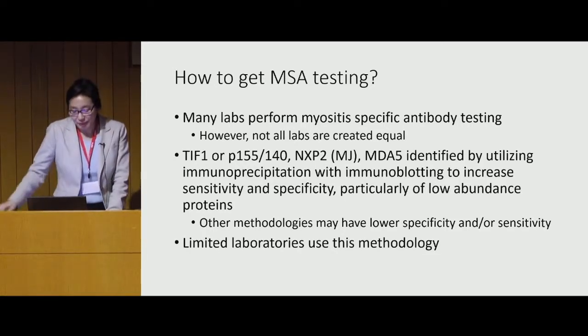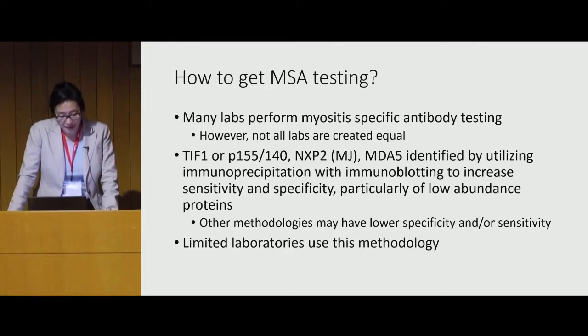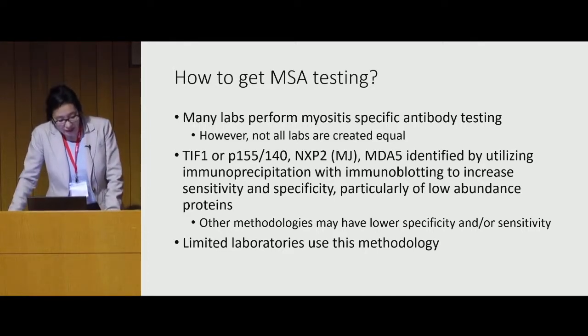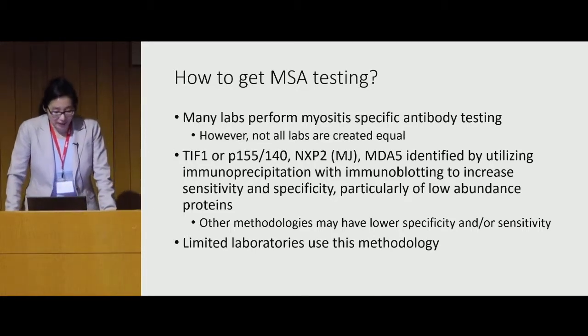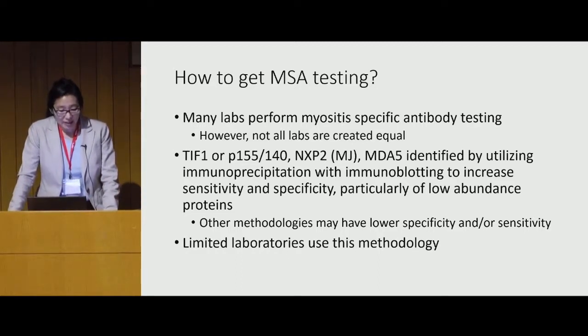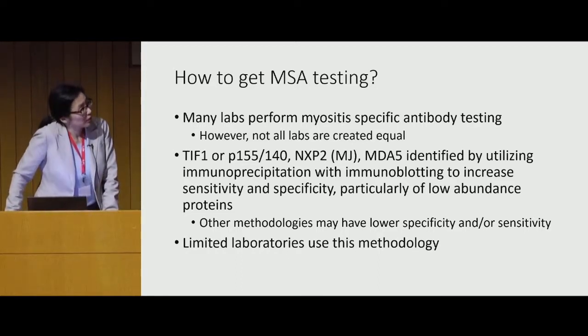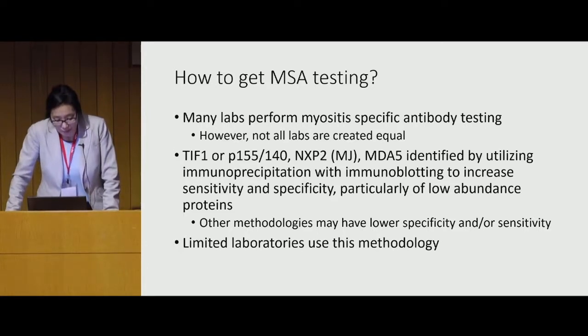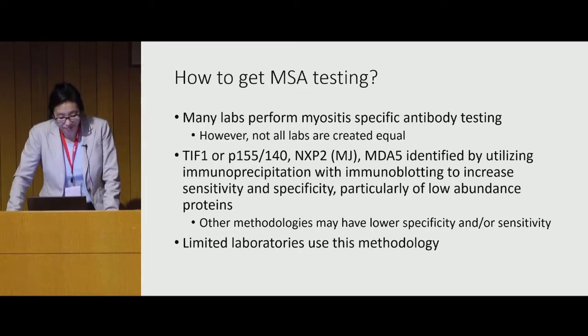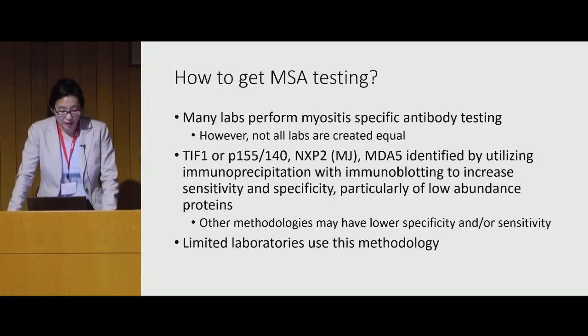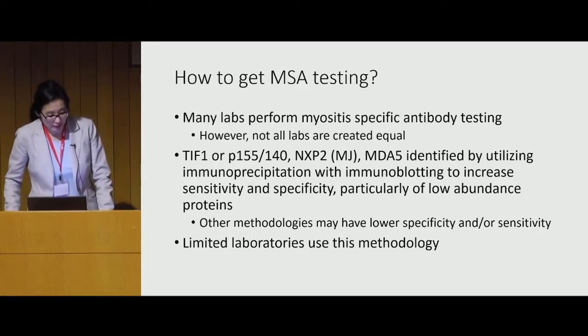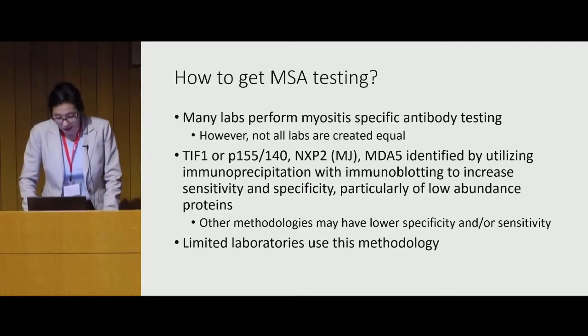And actually the 3 most common antibodies in juvenile myositis, the TIF1 or P155-140, NXP2 or MJ, and MDA5, at least in some things that I've read, seem to be the most sensitive and specific and reliable by using a combination of immunoprecipitation with immunoblotting. Because with other methodologies, they may have lower specificity and sensitivity, and there are not very many labs that use this methodology.